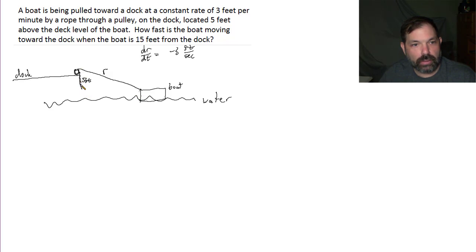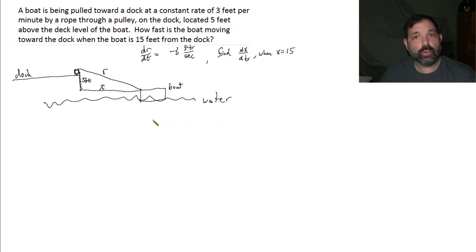Well, if there's the dock, there's that vertical dock position, here's a horizontal position relative to the dock. Let's call this x. We need to find dx dt when the boat is 15 feet from the dock, when x is 15. Now, it should seem reasonable if we think through this problem that if x is the horizontal distance from the dock to the boat, then dx dt should end up being negative.